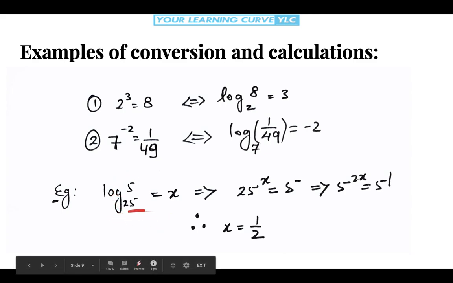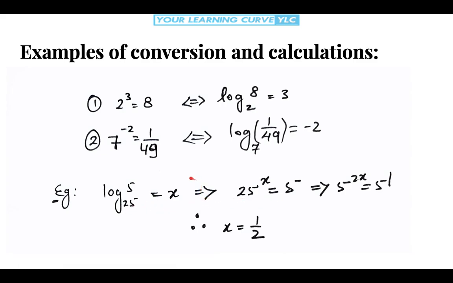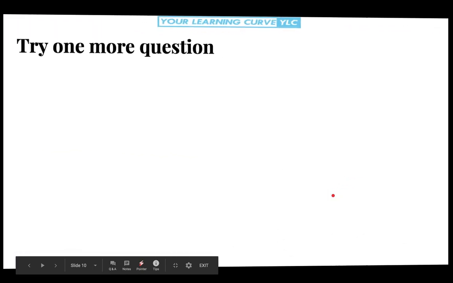So what we do, we assume it equal to x. This implies that when we convert this into exponential form, we get 25 raised to power x is equal to 5. Now 25 is 5 square, so 5 to the power 2x is equal to 5 to the power 1. 5 is not equal to 1, so we can very safely equate the exponents, and hence we get x is equal to 1 by 2.